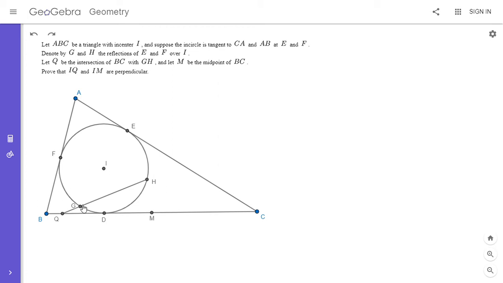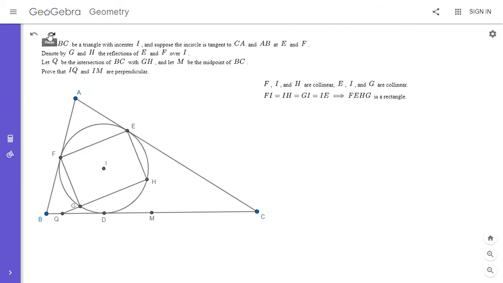And if we have any quadrilateral formed by the endpoints of two diameters, it's clear that that has to be a rectangle. All right, so I'm going to write this out. So F, I, and H are collinear, E, I, and G are collinear, and not only that, FI is equal to IH is equal to EI is equal to IG, and from there it's very easy to see that FEHG has to be a rectangle. All right, so where do we go from here?